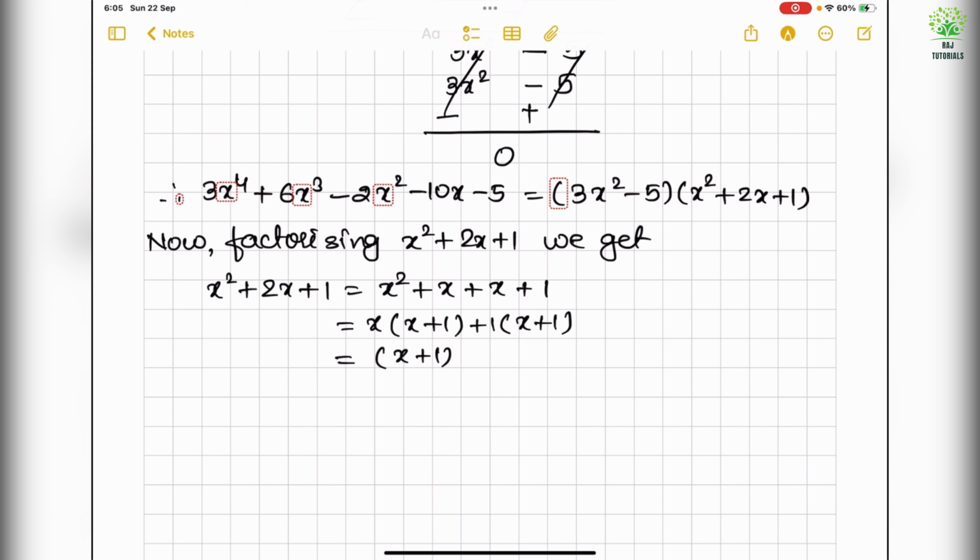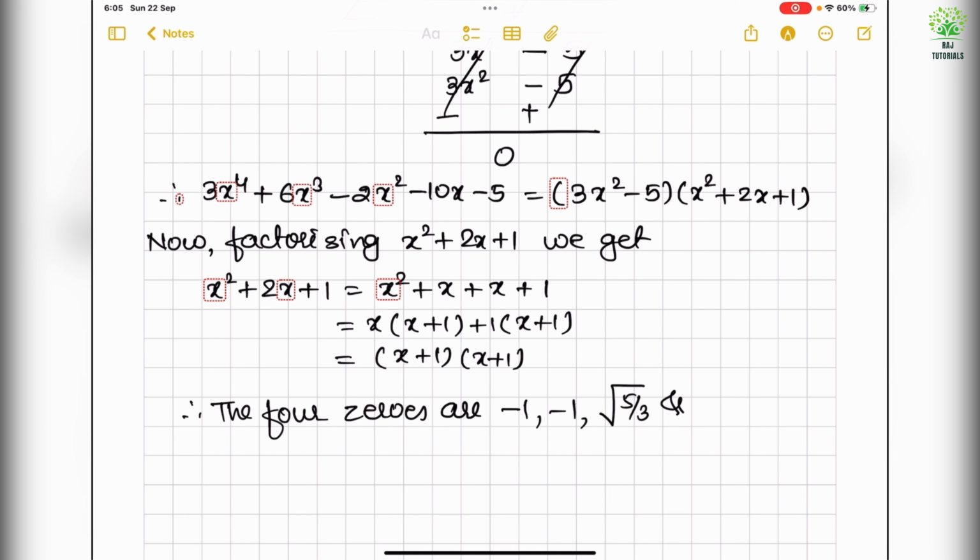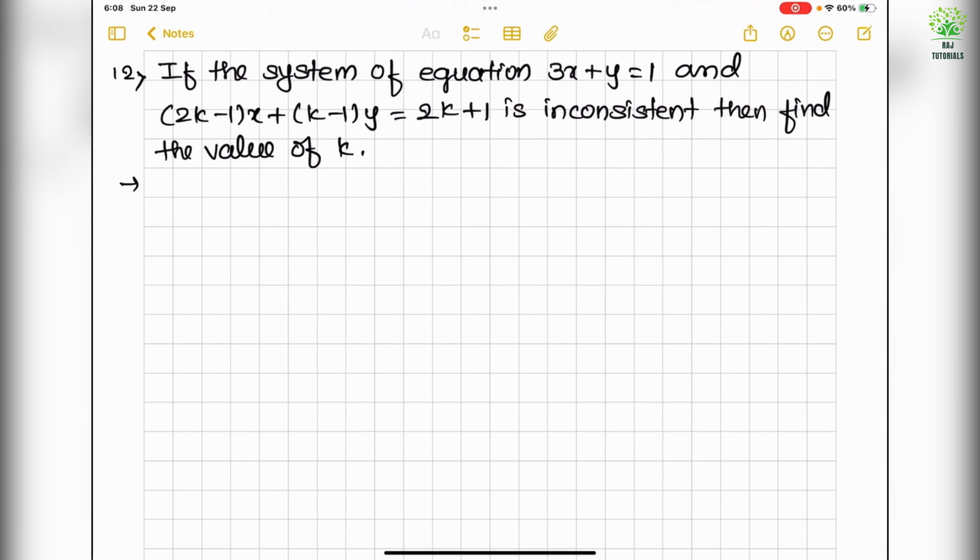So I will have x common, so x plus 1, and plus 1 common, so x plus 1. So I got two factors x plus 1 and x plus 1. So therefore the 4 zeros are minus 1 minus 1 root.